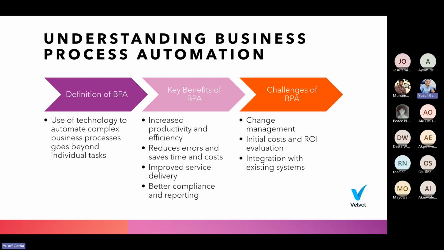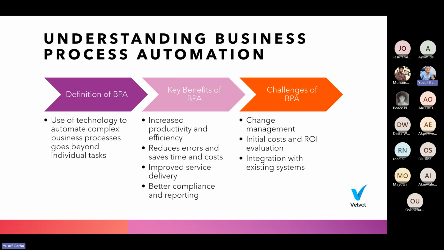So first and foremost, to understand business process automation, every business actually needs to automate their processes, because the world has already gone, the technology has already expanded, and any business that does not involve technology in their processes is definitely not going to be efficient.